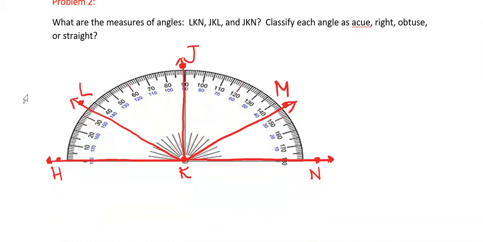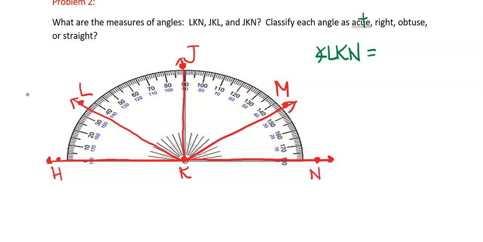Problem 2: what are the measures of angles LKN, JKL, and JKN? Classify each as acute, obtuse, right, or straight. Oops, I spelled that wrong, add a T in there. So let's start with angle LKN. Since the protractor is on top of the picture, we have to just go with what we see.